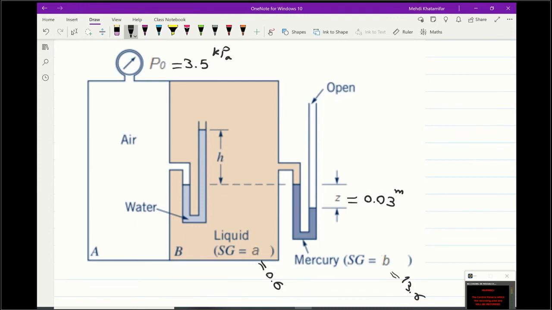Inside one liquid, have just one horizontal line. If you have two horizontal lines, one of them is unnecessary.